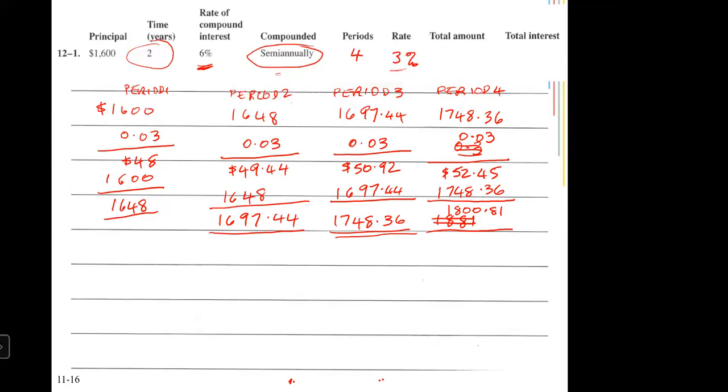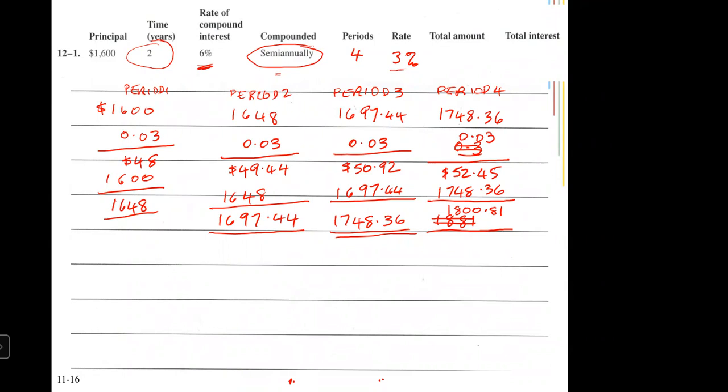Okay, so if you wanted to find out the interest that you got, you would do what? How much interest was earned for this investment? What did we start with? What did we end with?